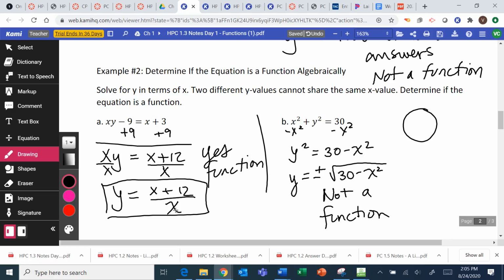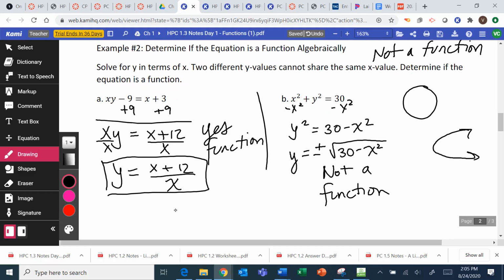X equals y squared would look like this, yeah. So that would not be a function. It's not a function when there are two x values the same in the table, yes.